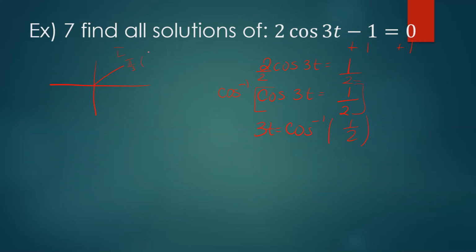So that has a coordinate of radical 3 over 2, 1/2. And then the other one would be 5 pi over 3, right? So that has a coordinate of, 5 pi over 3? Yes.